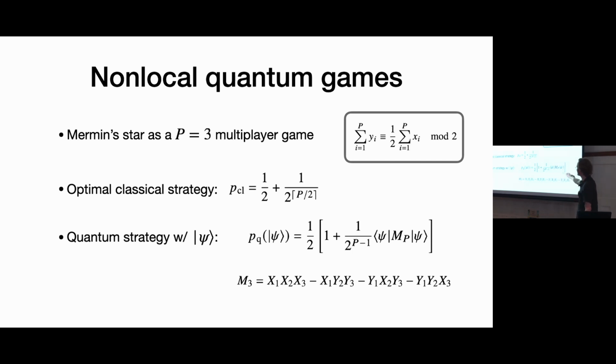If you look at the expectation value of this with respect to your state, it tells you that if these things start not being stabilizers, it gives you some kind of error term. And this error term basically reduces your winning probability. Okay. So the idea is that if you have this GHZ state on many parties and you start deforming it a bit, you exponentially reduce your winning probability with the number of parties.